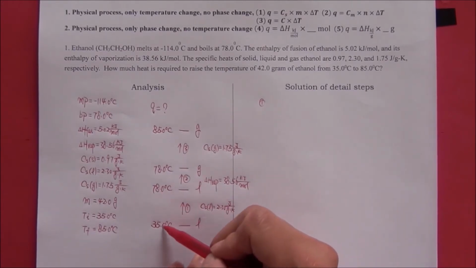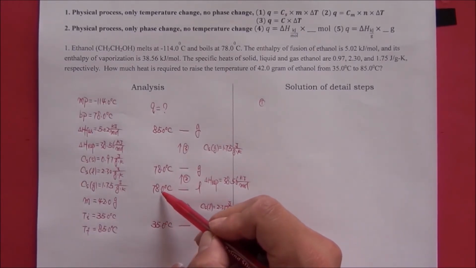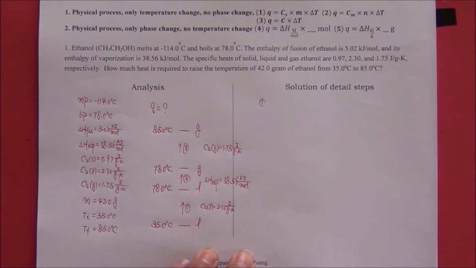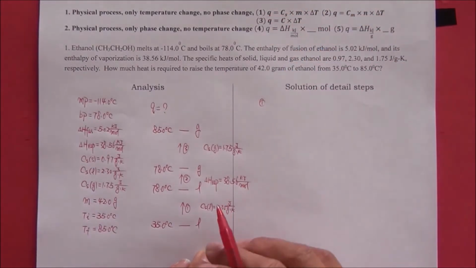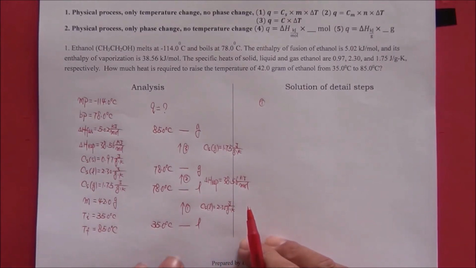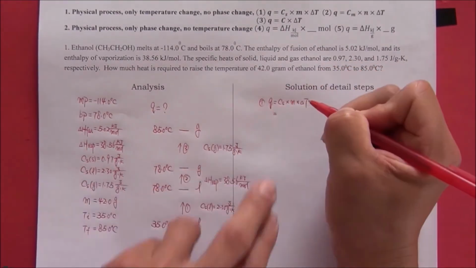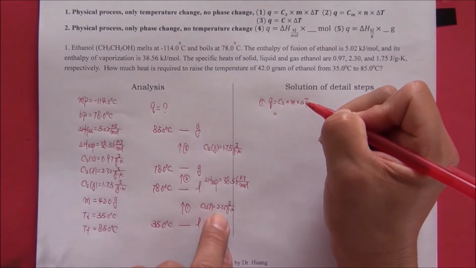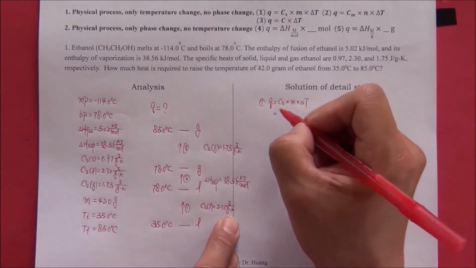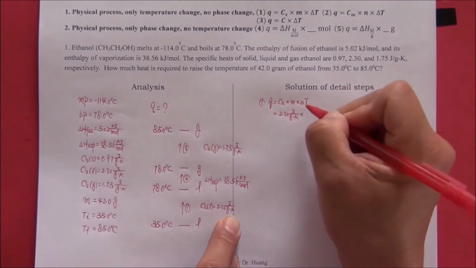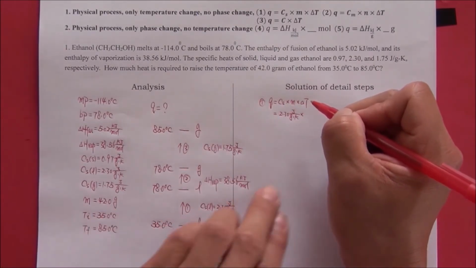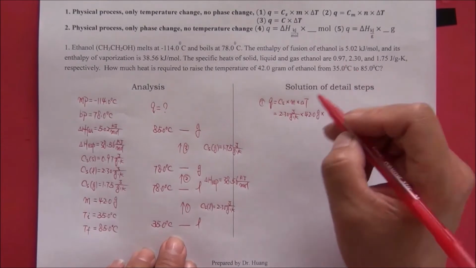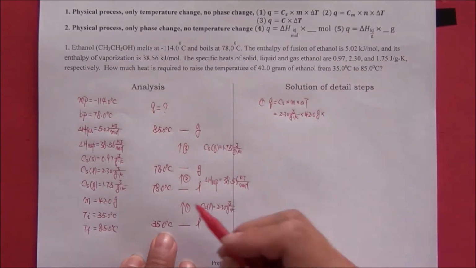Step 1. We are provided the specific heat of a liquid, and we know the initial temperature and the final temperature of this step. It seems we can use equation number 1 to calculate the heat for this step. Specific heat is 2.30 joule per gram per Kelvin. The mass is 42.0 gram.